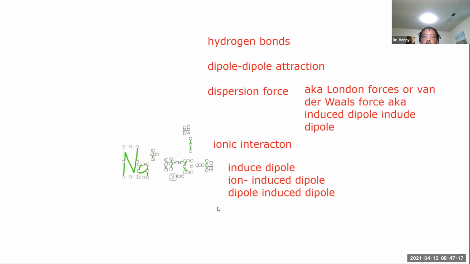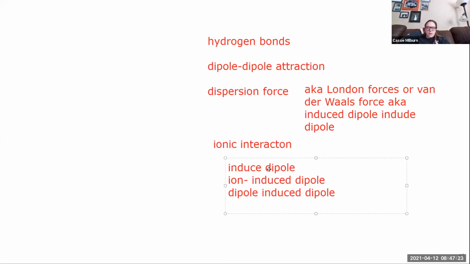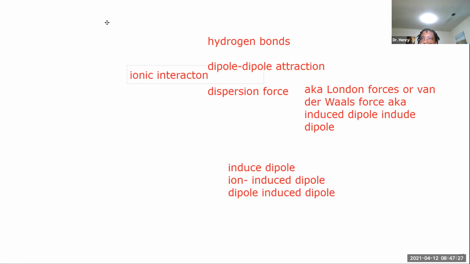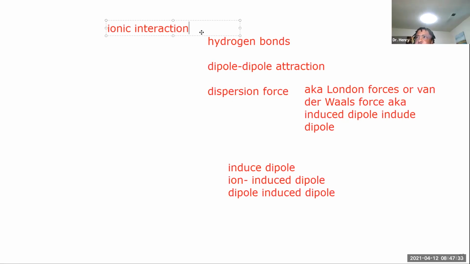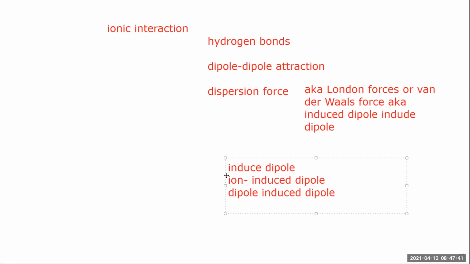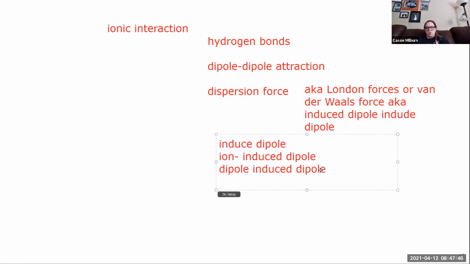Okay, so now I'm going to have you guys use your knowledge here. So who's going to be the strongest? Ionic, right? Okay, so ionic is going to be the strongest. We're going to put these in order in terms of strength. Oh, sorry, there should also include one more.